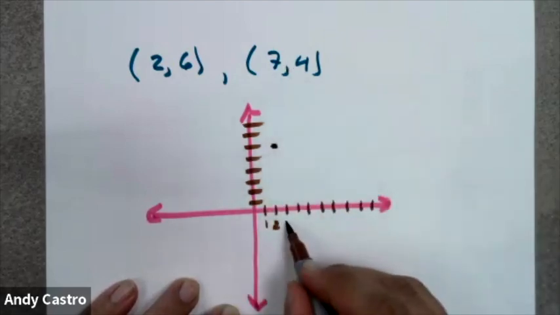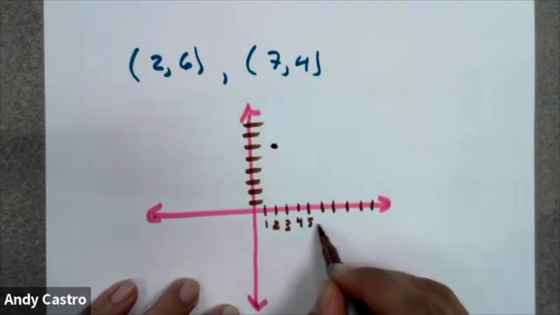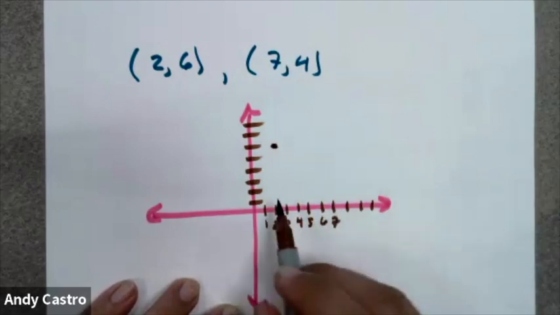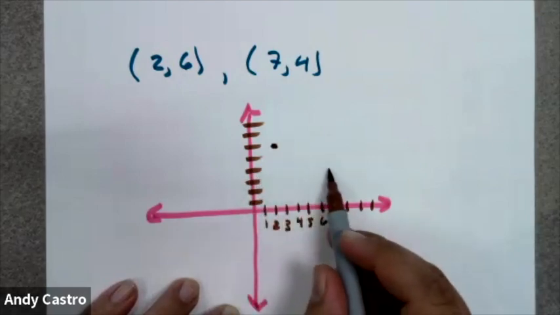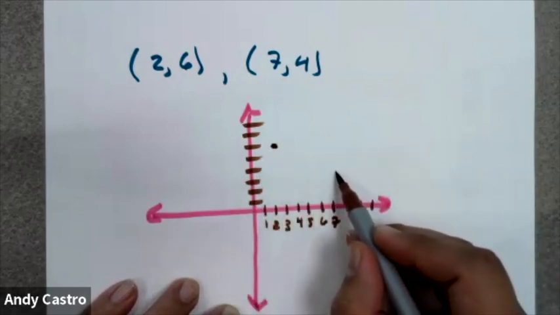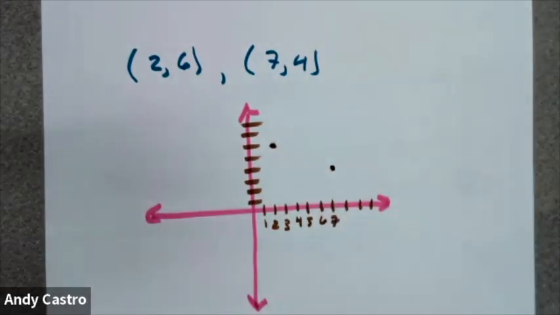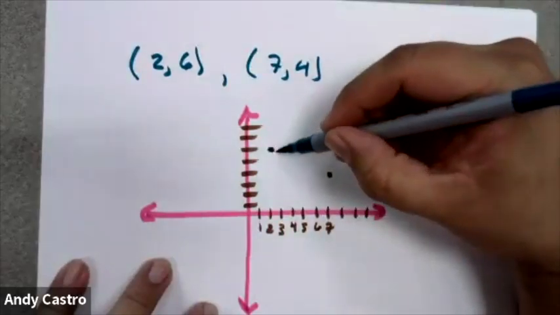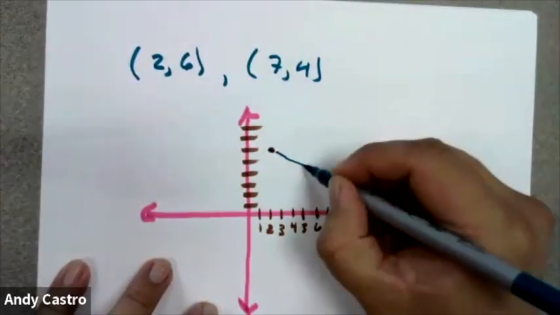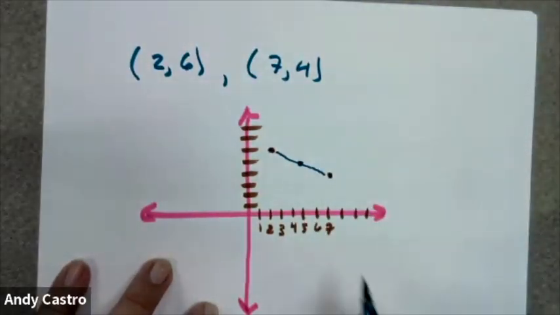Then (7, 4), and then 4. All right. So we want to find the midpoint between these two points. It's going to be somewhere there.